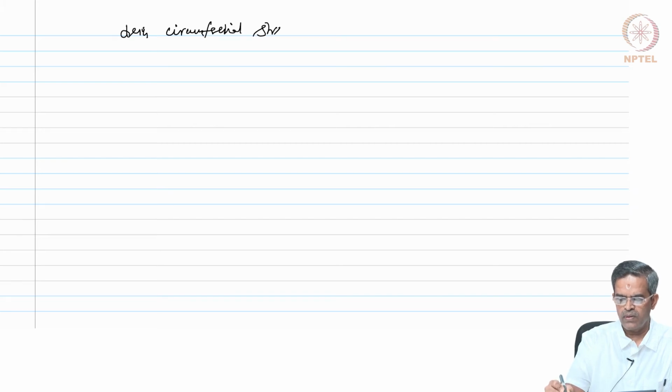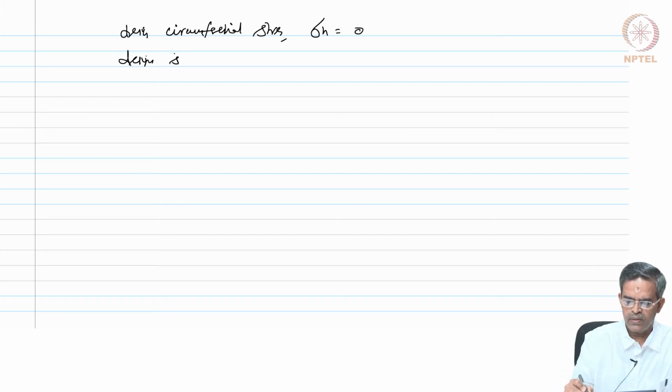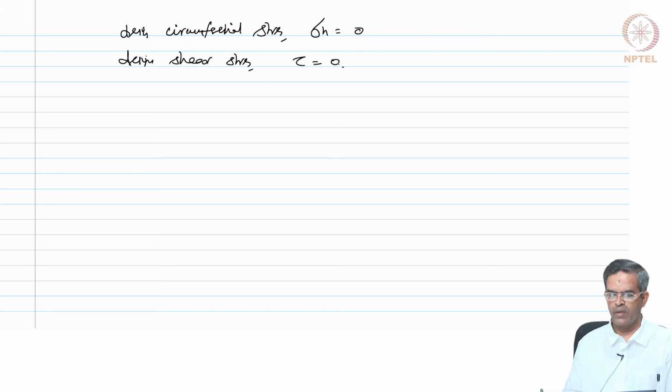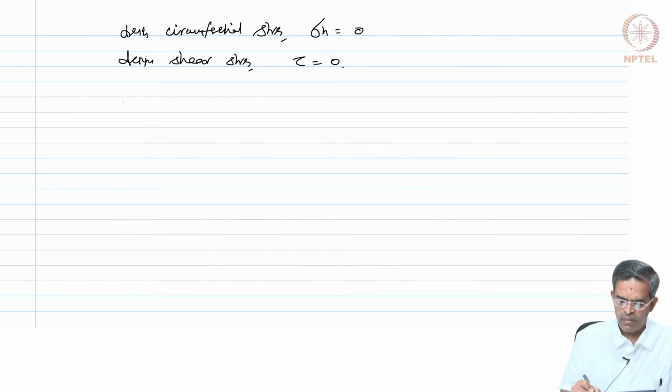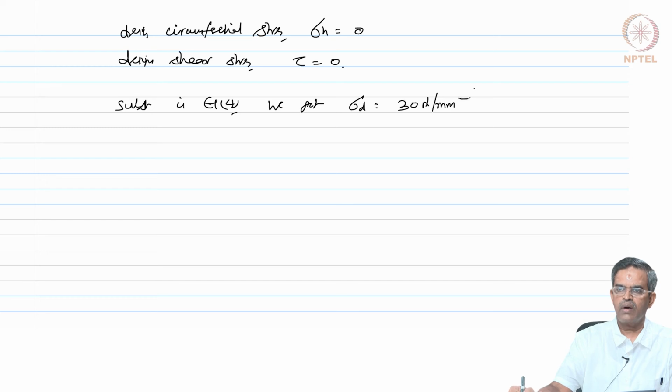So, then the design circumferential hoop stress, sigma H, is also 0 in our problem. The design shear stress, tau, is also set to 0. Now, I substitute this in equation 4, okay, by substituting in equation 4, we get sigma D as 30 megapascal.